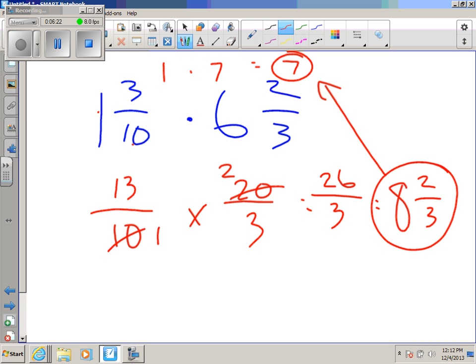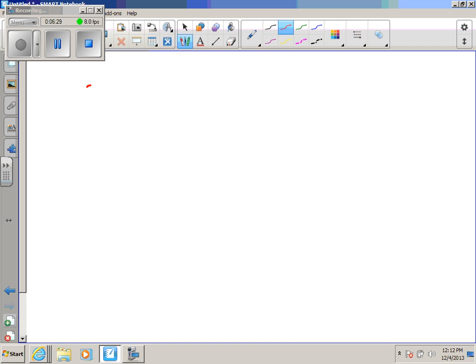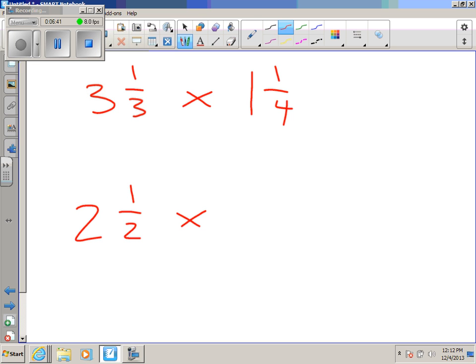Okay? Try a couple. Very much review. 3 and 1/3 times 1 and 1/4. And 2 1/2 times 1 3/5. 3 1/3 converts to what as an improper fraction? 10/3, right?